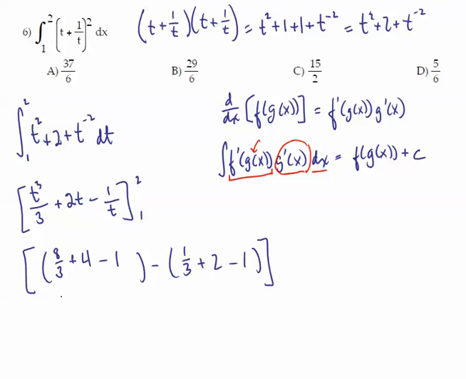So if we do a little simplifying, 8/3 plus 3 minus 1/3, and 2 minus 1 would be 1, so minus a 1 there. So 8/3 minus 1/3 is 7/3, and 3 minus 1 would be plus 2, so 7/3 plus 6/3. Hang on a second.